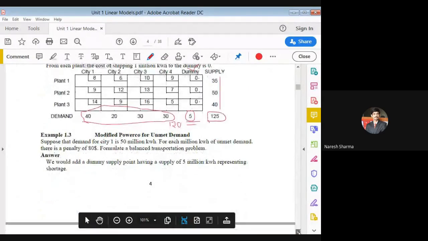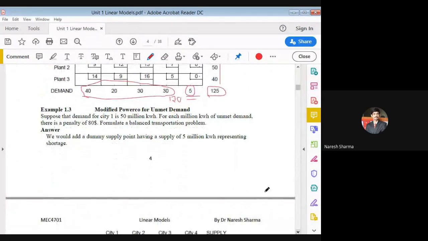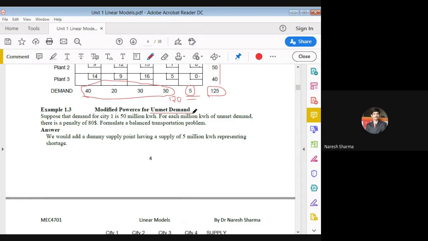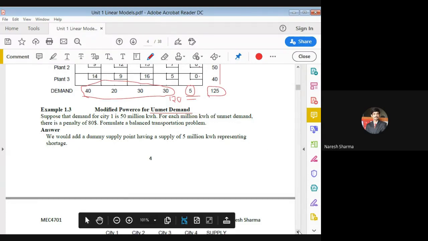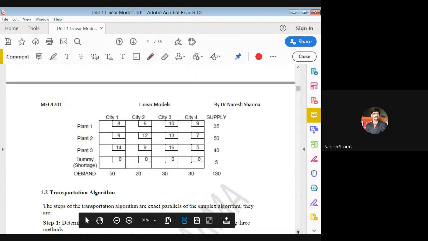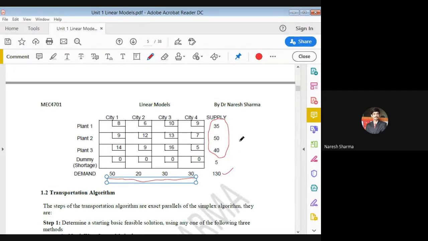Similarly, if we have unmet demand, that is, demand is more but supply capacity is less, for example, if we add 50 plus 20 plus 30 plus 30, this is 130. But the supply total up to here is 125.